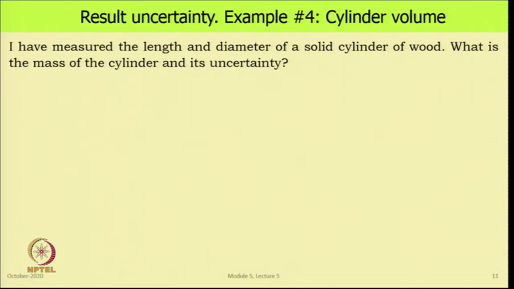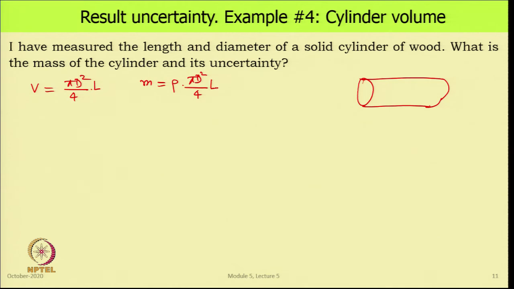What is the mass of the cylinder and its uncertainty? So, there is a cylinder, or rather a log of wood, and we have the volume as pi d square by 4 multiplied by L, and if you want to get the mass, this is rho times pi d square upon 4 into L.